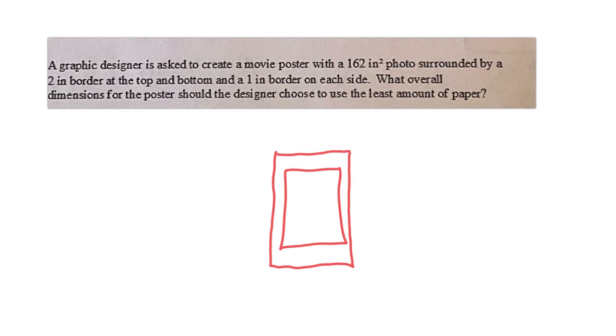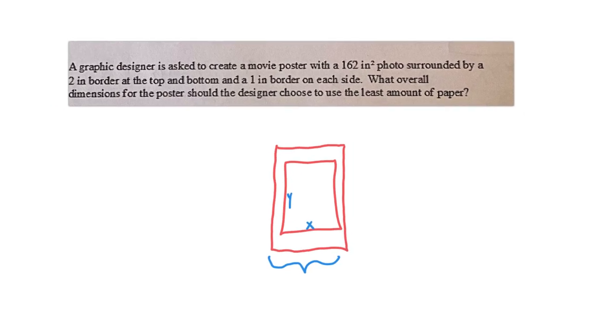Let's call this X, we'll call this Y. I think my student watching knows that this is going to be X plus 2, and this right here is going to be Y plus 4.